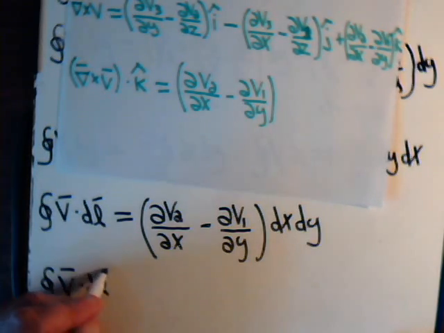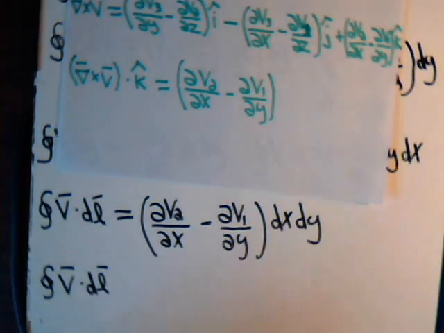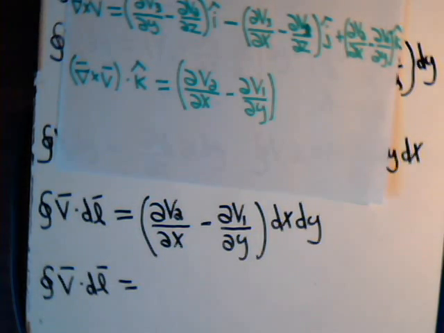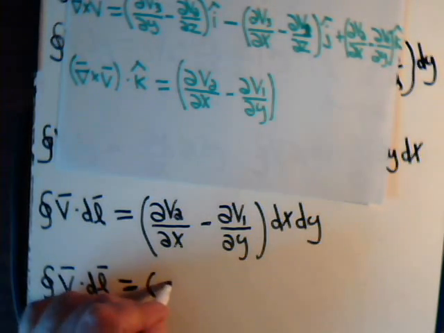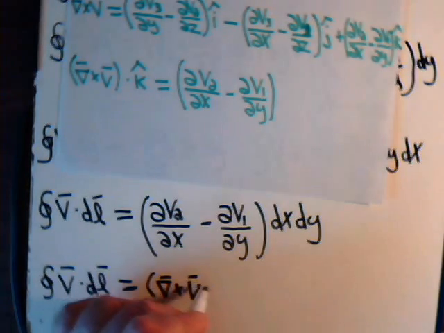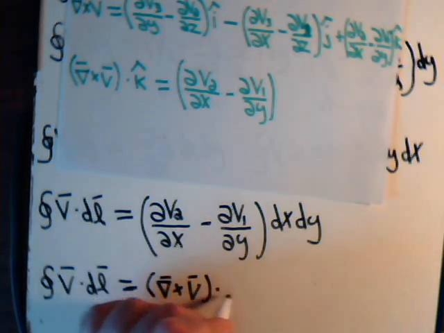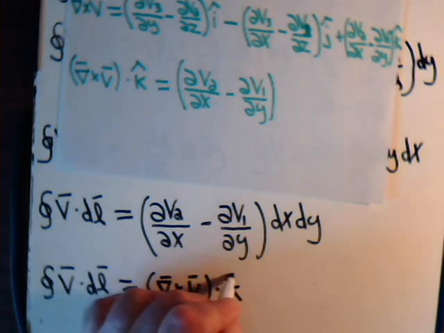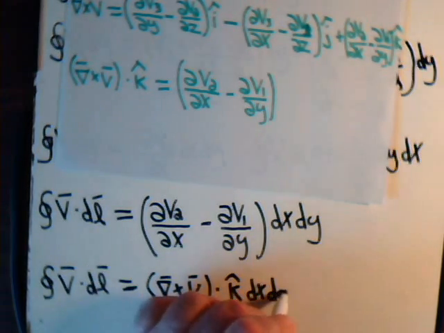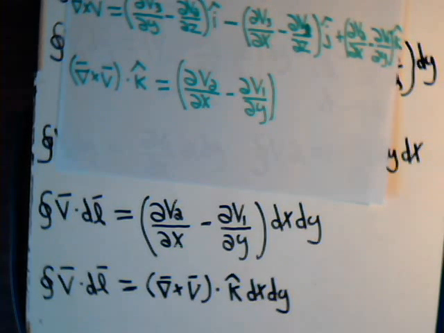This line integral with a three-dimensional vector, that is equal to the curl of this vector dot k dx dy. Now this is not Stokes' theorem.